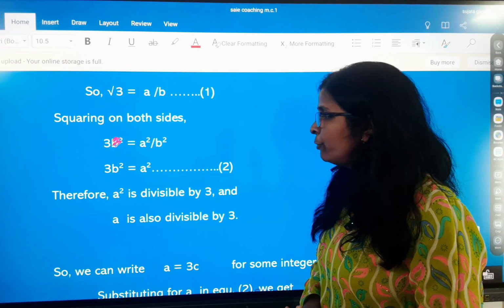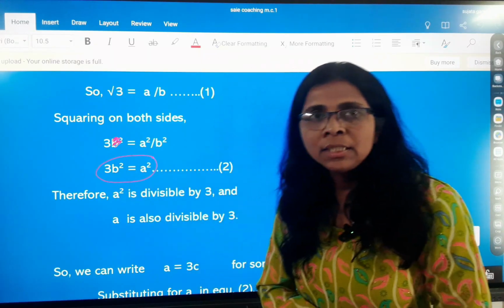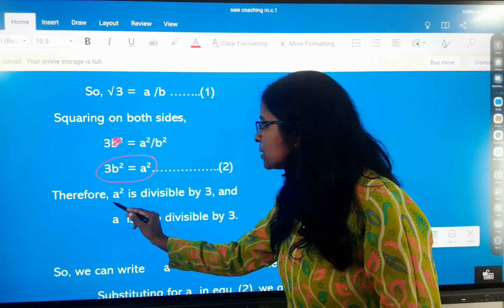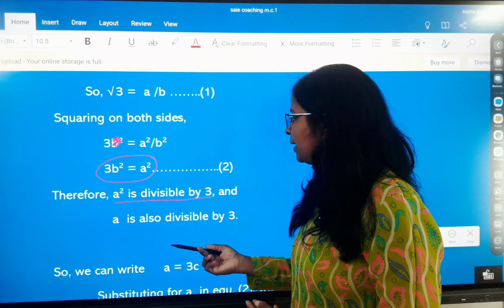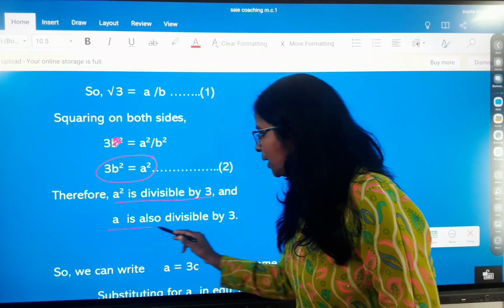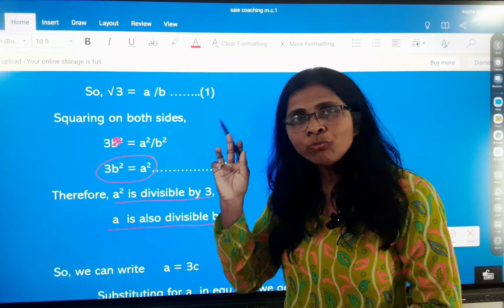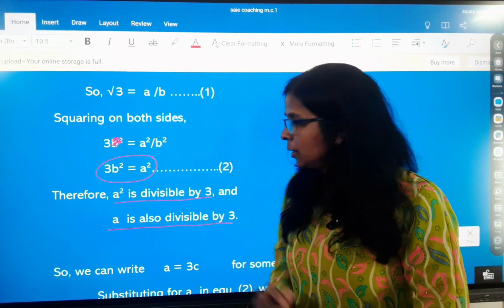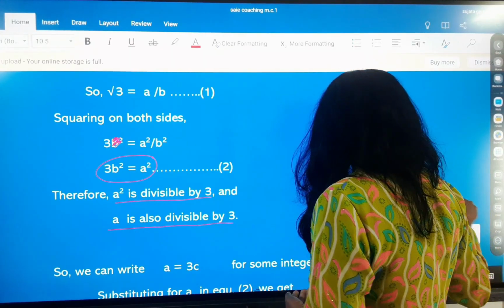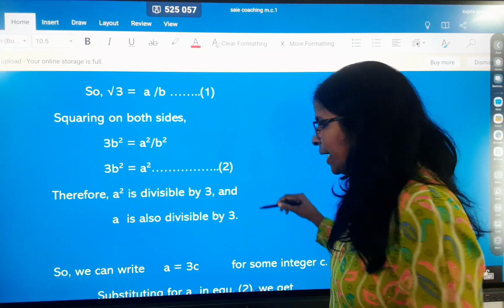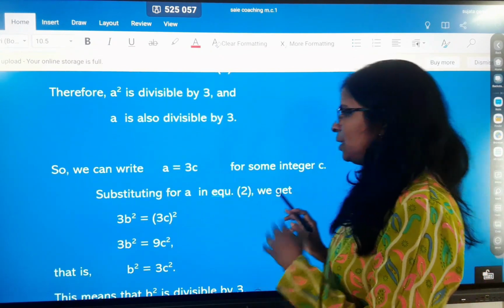Now from this we can say that 3 divides a square. As 3 divides a square, we can say a is also divisible by 3 from theorem 1.2. So now we can write a is equal to 3c, where c means any integer.